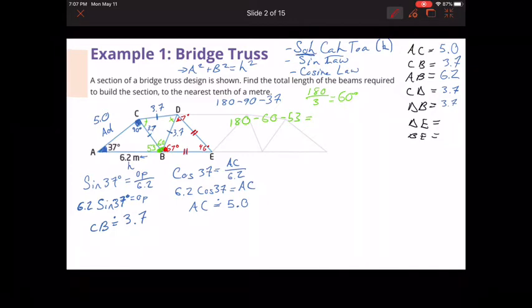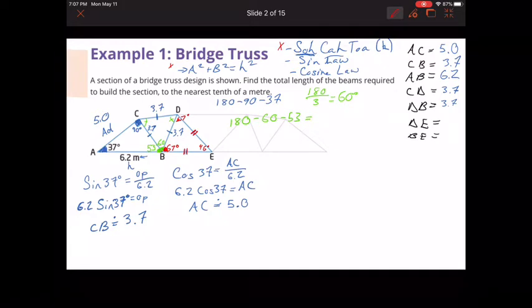So now I go back up to my ideas. I can't use Pythagorean theorem because I only have one of the sides. I can't use SOHCAHTOA because I don't have a 90-degree angle. So now I'm looking at sine law and cosine law. I always want to use sine law over cosine law. I could probably use either right now and figure it out.